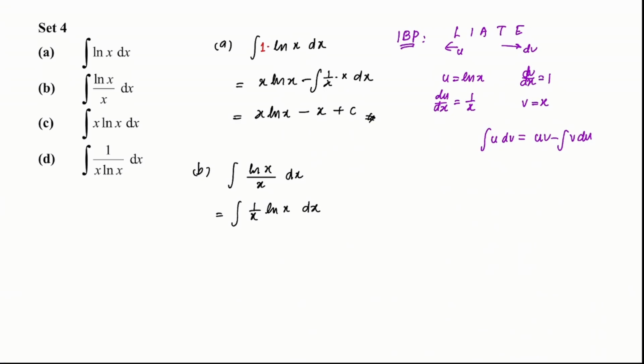Obviously you can see f x is ln x, f prime x is 1 over x. So this one over here is our reverse chain technique. But the thing is, what form does it take?